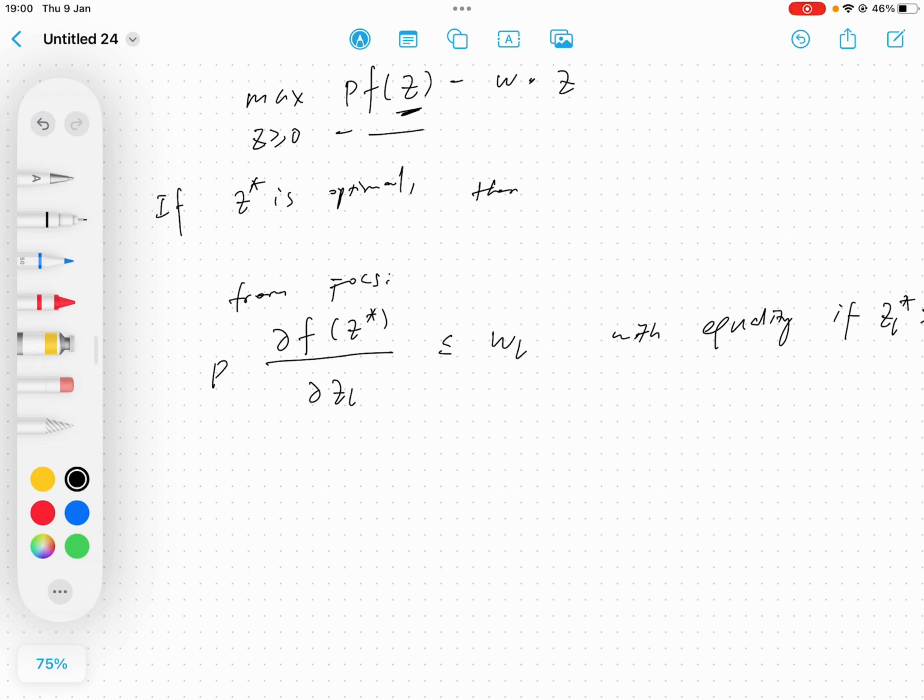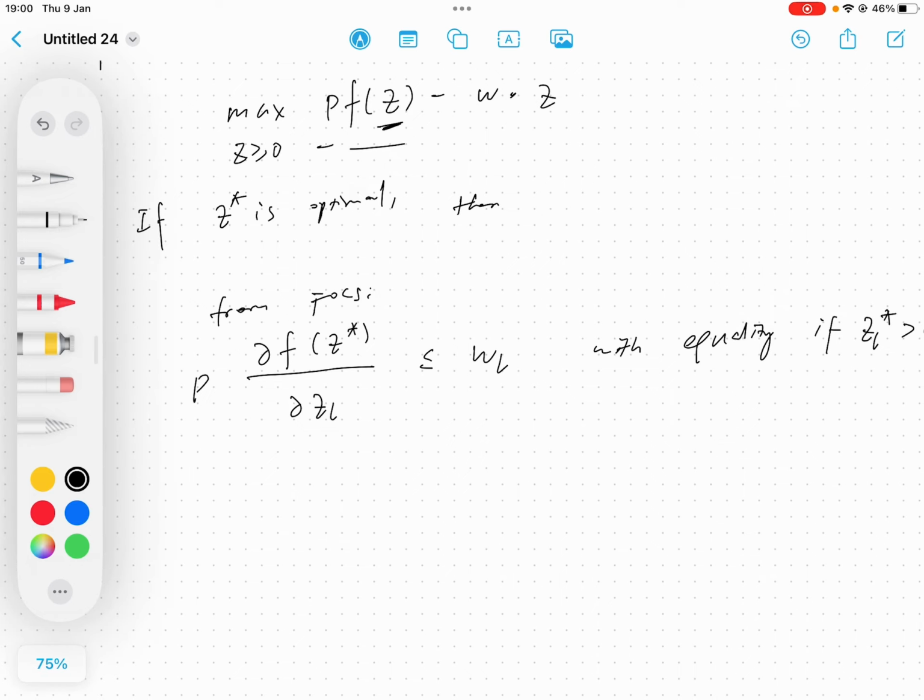All right, so the marginal product of every input l actually used here with this positive level of z_l star must equal its price in terms of output. That would be w_l over p, okay?